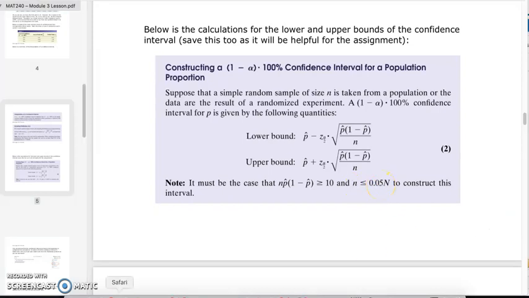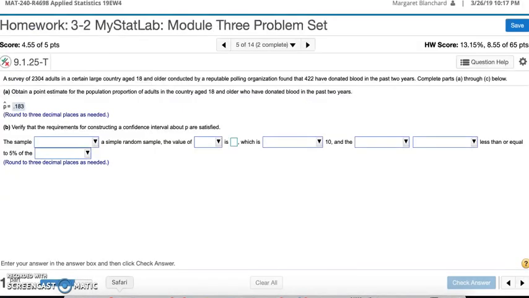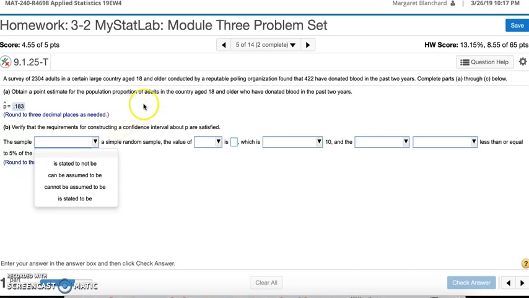Back to our problem and see what they're asking us about the requirements. B, verify that the requirements for constructing a confidence interval about p are satisfied. So first, remember the sample must be a simple random sample. Now, it's not stated in the problem. It's not saying this is a simple random sample. However, it talks about a survey of these adults and a reputable polling organization.